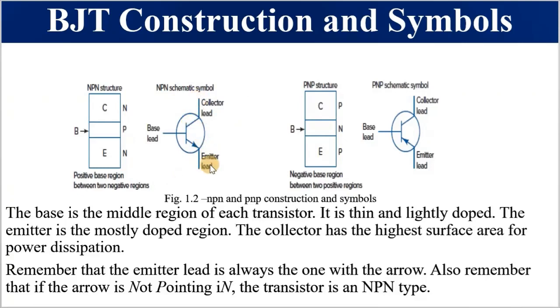The terminal with the arrow is the emitter, the opposite end is the collector, and in between is the base. The same applies to the PNP: the terminal opposite the emitter is the collector, and the material in between is the base. So you must be able to draw the construction diagrams for the two, and also represent them using schematic symbols.